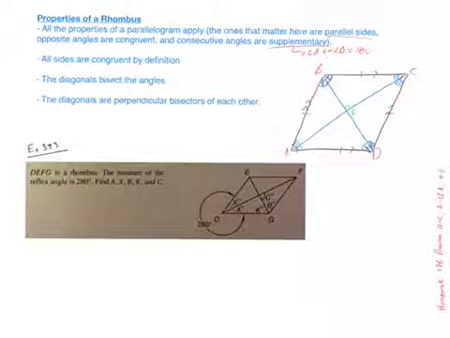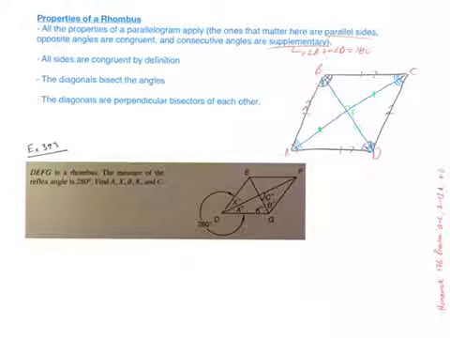That one's the same as that. Same as that. And then this side length is going to be the same as that side length. BE is going to be the same thing as ED. They bisect it.